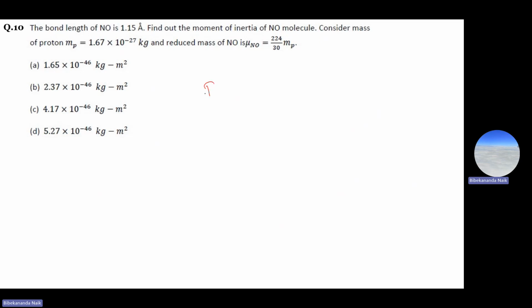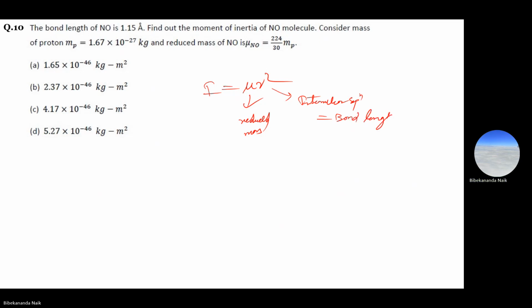The moment of inertia is given as I equals mu r squared, where mu is the reduced mass and r is the internuclear separation, that is the bond length. So I will be mu times 1.15 Angstrom squared, and mu is also given.